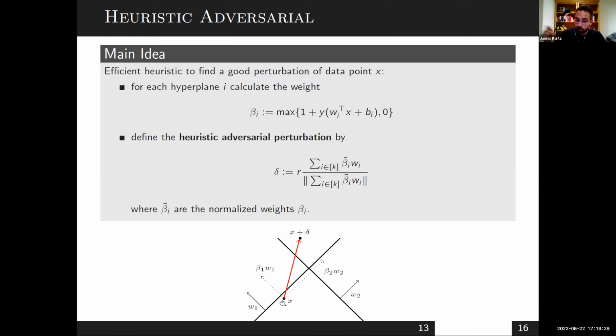And I give more weight to a normal vector if the point is farther away from the hyperplane. So in this case, I have an average of W1 and W2, and W2 gets more weight in this average since I'm farther away from this hyperplane, and it's harder to fool this hyperplane, so I have to go more in this direction. This is the basic idea.